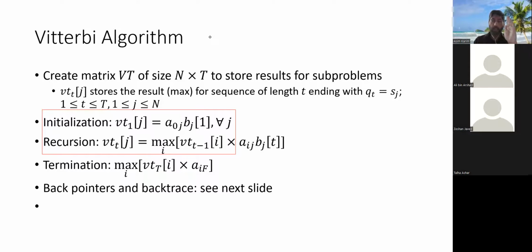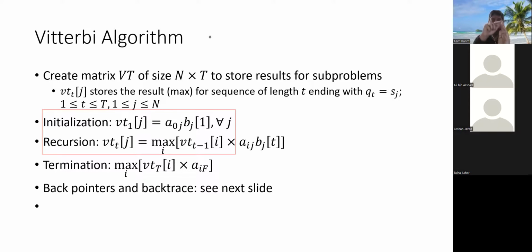But of course, in general, this would be multiple rows according to the number of tags or labels that you have. So for this first sequence of length 1, you simply look at the transition probability from the starting state, which is S0, to the state noun, and to the state verb.